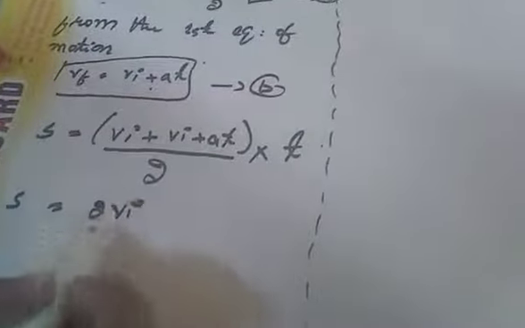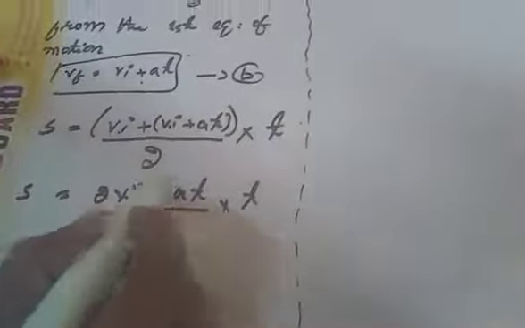Vi plus Vi is equal to 2Vi, so we get S = (2Vi + at)/2 times t.